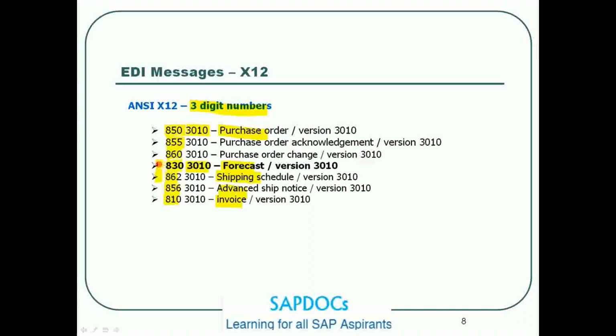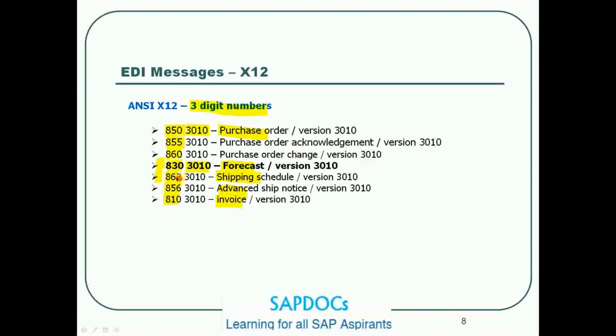In order to tell the supplier how much you need, you will send an 830 to say this much I'm going to need. So this is my forecast, and based on that you do your planning and your procurement.